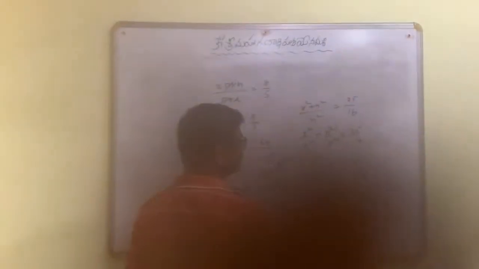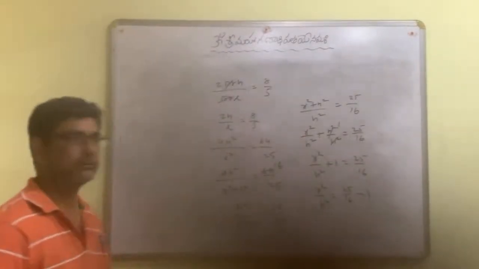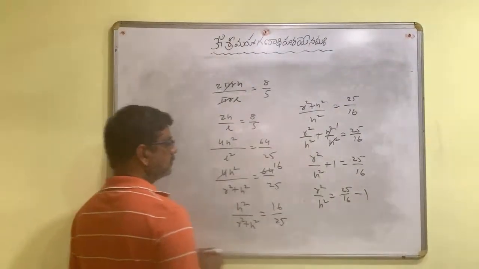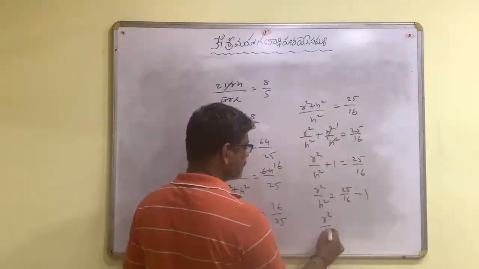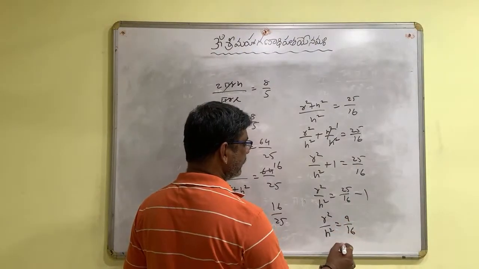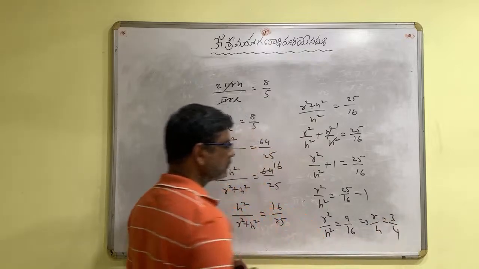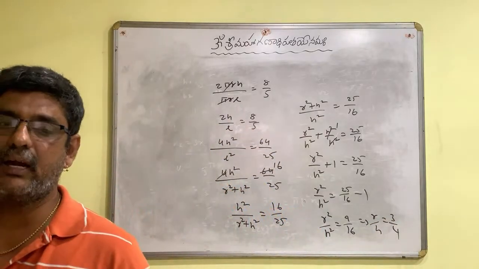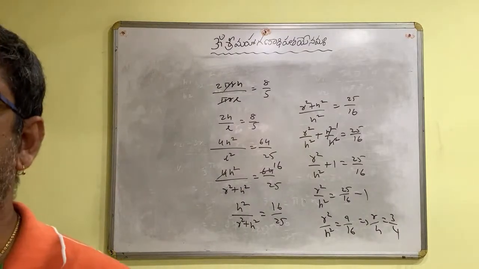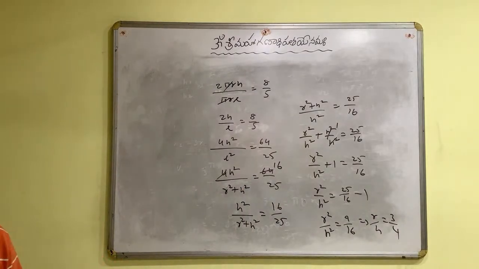Then R square by h square is equal to 25/16 minus 1. So R square by h square is 9/16. Then R by h is equal to 3/4. So radius and height are in the ratio 3:4. That is what we have to show.